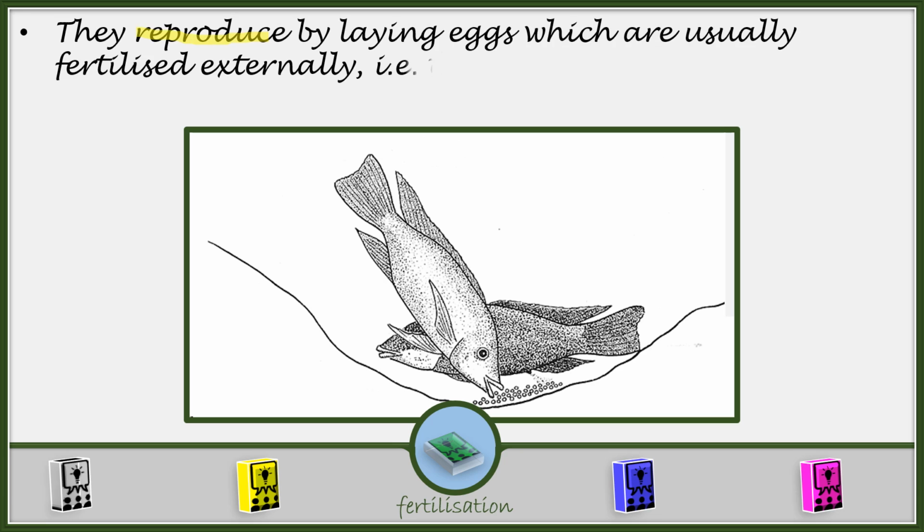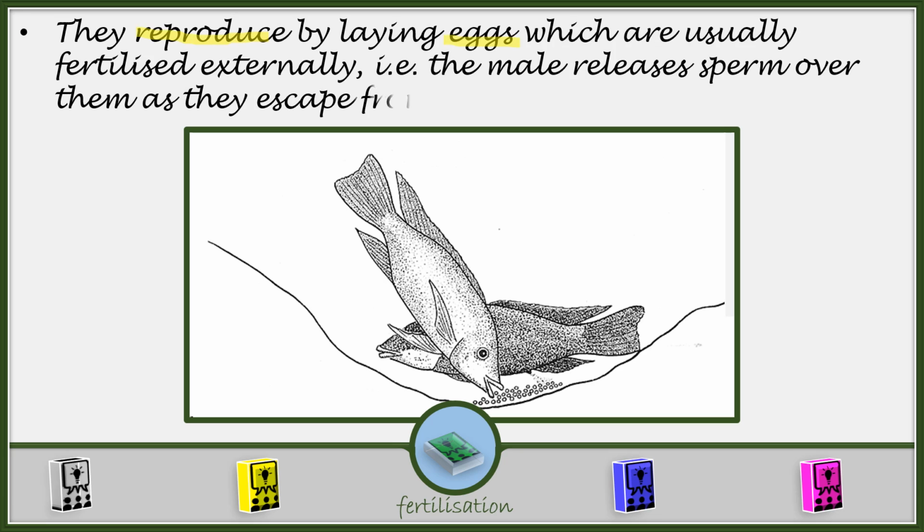They reproduce by laying eggs, which are usually fertilized externally. That is to say, the male will release the sperms over them as they escape from the body of the female.